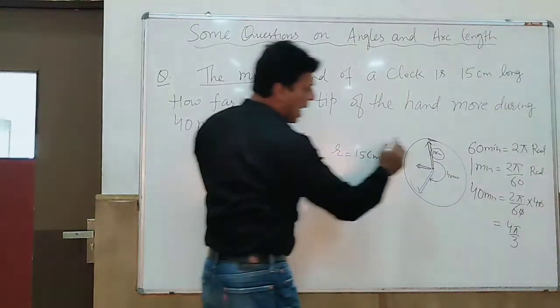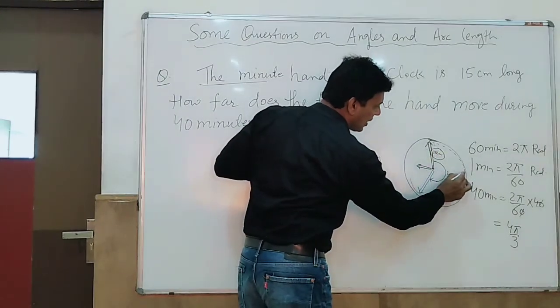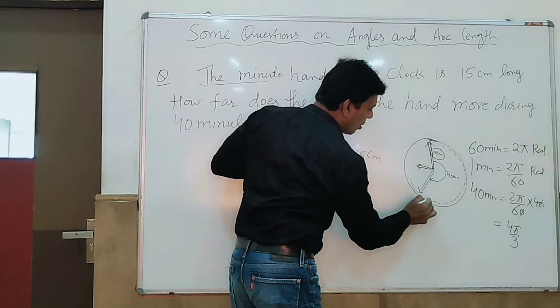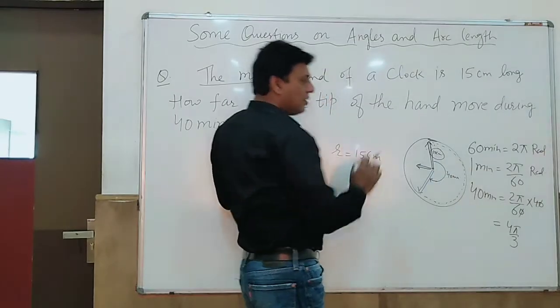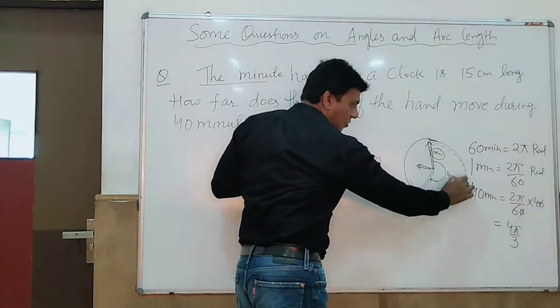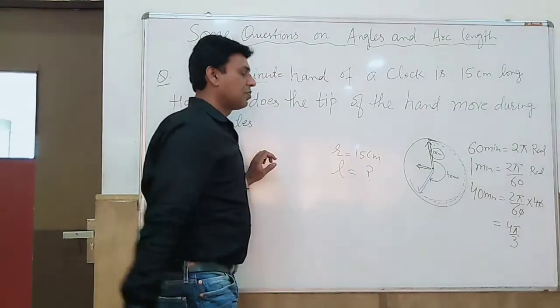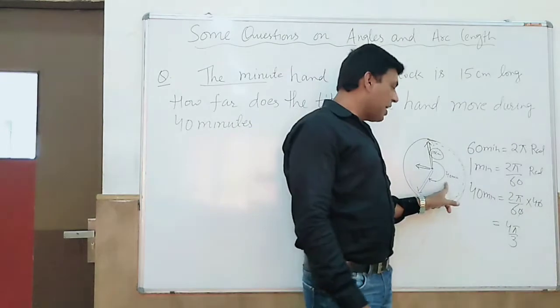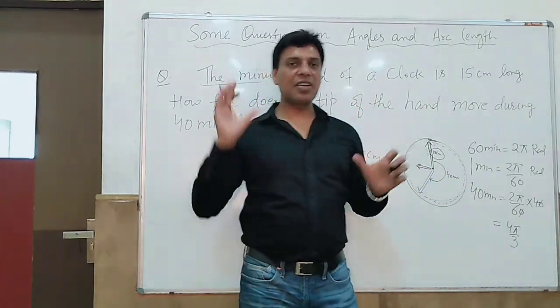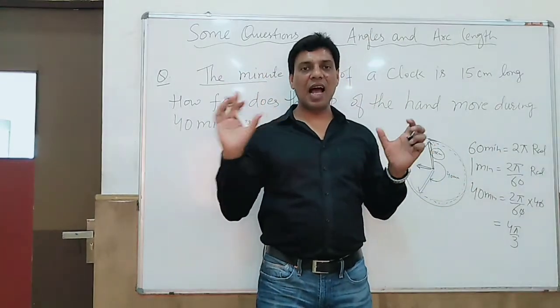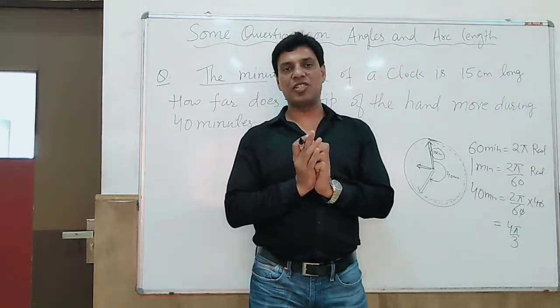Now I have to tell how far the tip of this minute hand moves. It means I have to find this arc L, which is the question mark. Angle, arc and radius are related to each other.